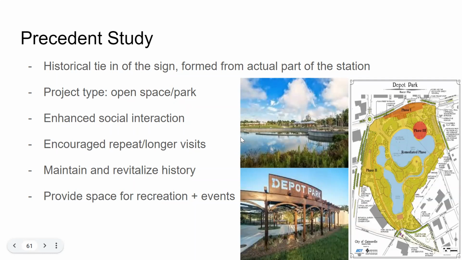As you can see here, they turned the structure into the sign, and for our project, we really want to focus on the history of the site, and also the fact that they wanted to encourage longer visiting times and make people want to stay longer in the area, which is something they wanted in Morton as well. They wanted more nightlife and to bring more life to the town.